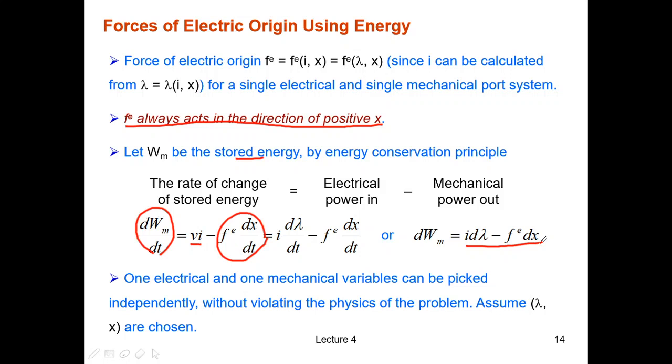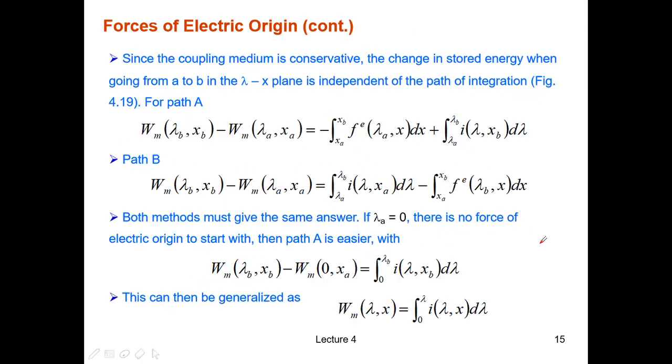So it will be a two variable function. It will be a function of lambda and a function of x, okay. We can pick one electrical and one mechanical variable independently. Normally we pick lambda and x here, because our coupling medium is conservative.